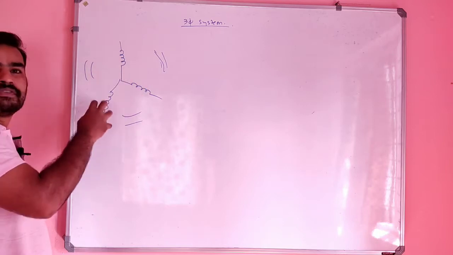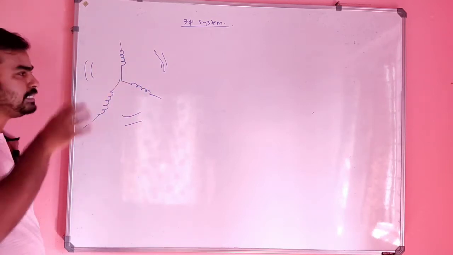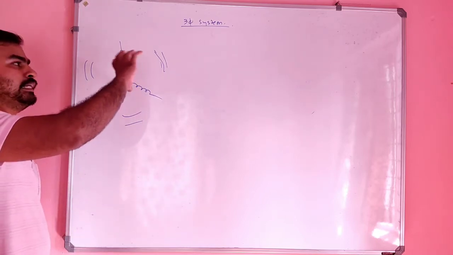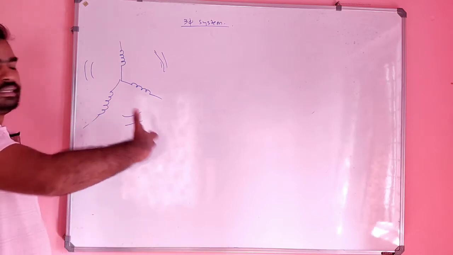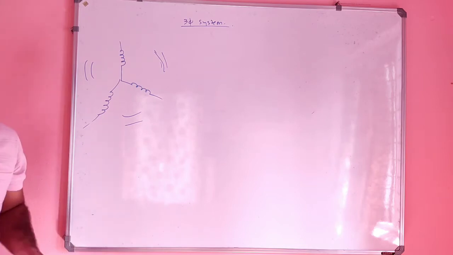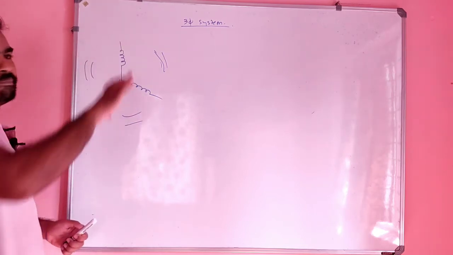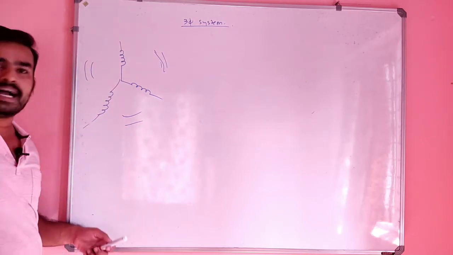There are three groups of conductors, each displaced by 120 degrees, and each produces its own corresponding voltage, and we take it outside from the generator. Then it is called the three-phase system. This happens inside the generator, and we take it to three terminals outside.